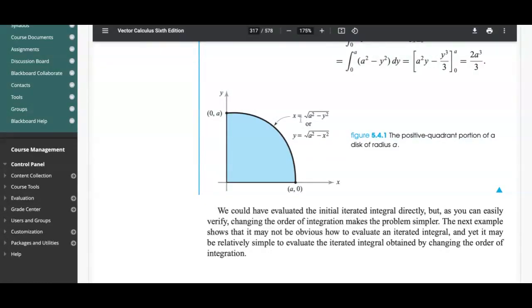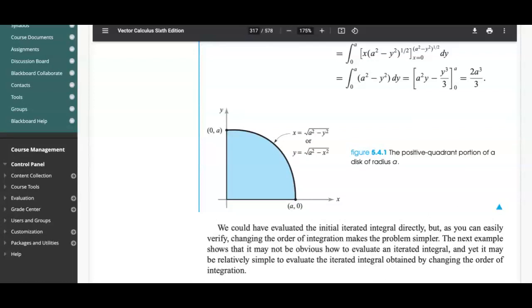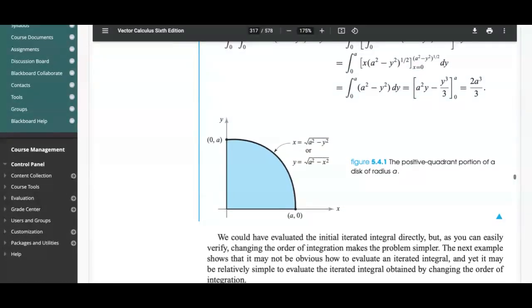It's just x equals the square root of a squared minus y squared, okay? Because the circle with radius a is x squared plus y squared equals a squared, right? So it's a symmetric equation, x and y equally weighted.